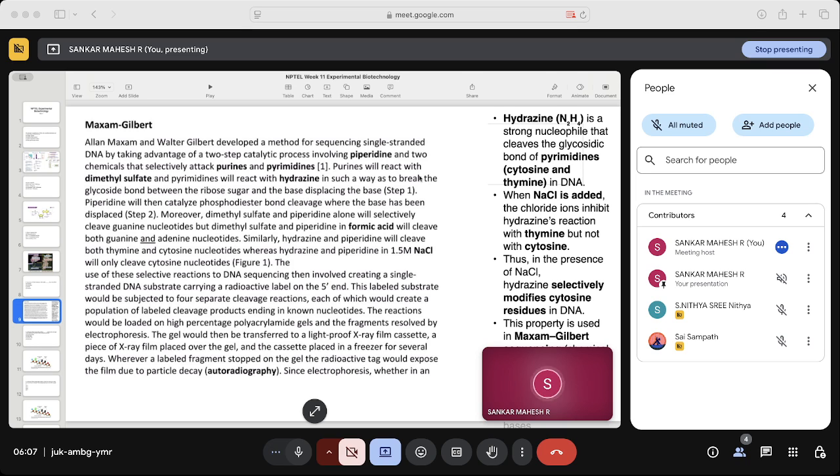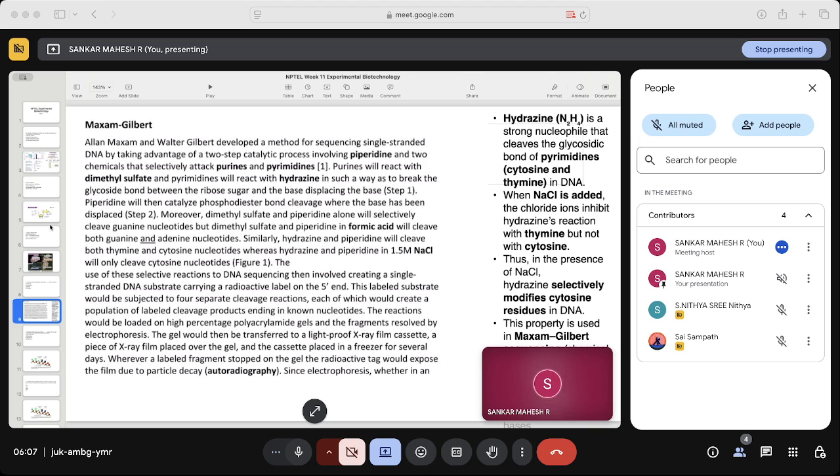We cannot really tell whether it acted on an AT or GC, but based on results from the combination of G plus C and G or C, we get to know which base is in a particular position. Purines react with dimethyl sulfate, and pyrimidines react with hydrazine.